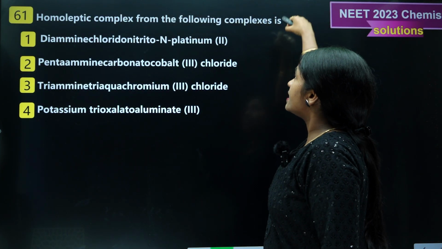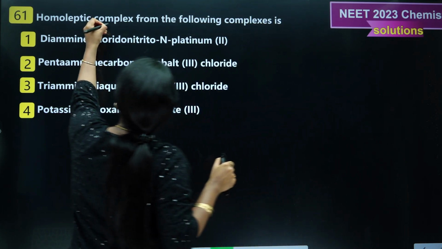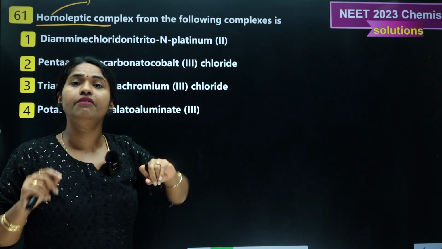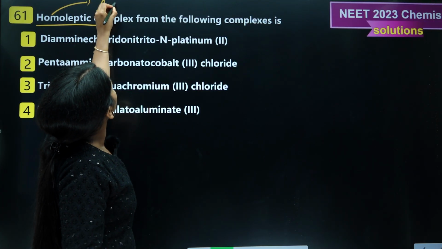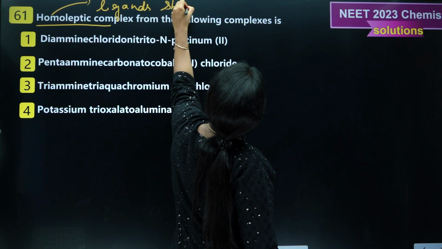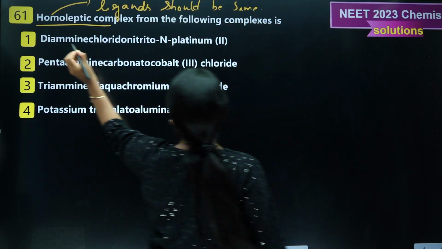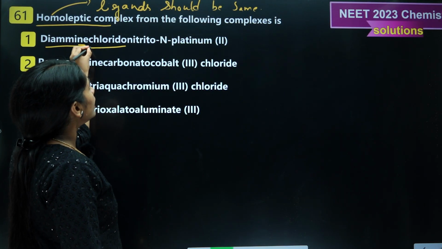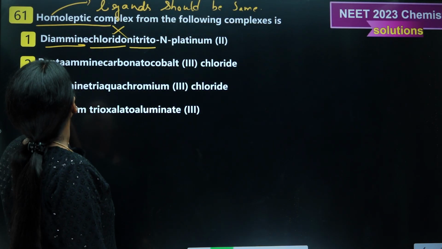Homoleptic complexes from the following. Which is a homoleptic complex? See, homoleptic complexes means all ligands should be the same, then we call it homoleptic. You see in this option, for option number 1, the amine is there, chlorido, nitro, different ligands are there, so it is not a homoleptic complex.